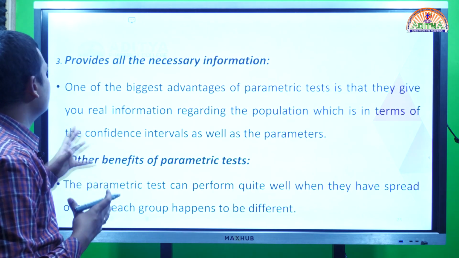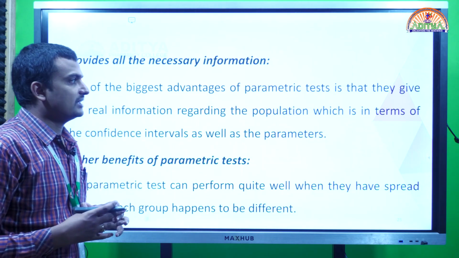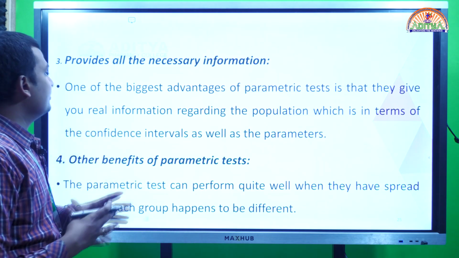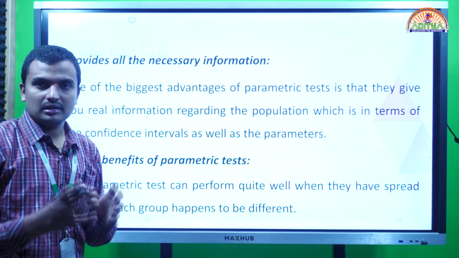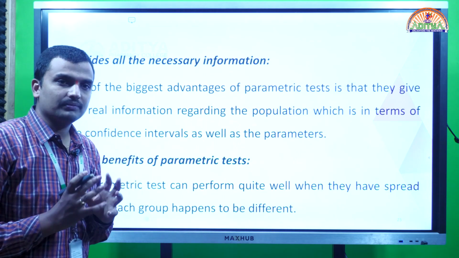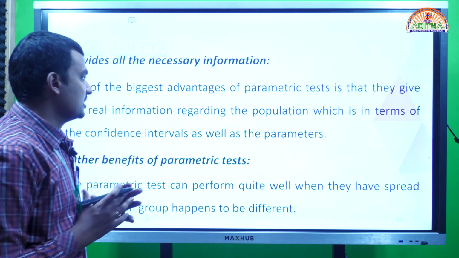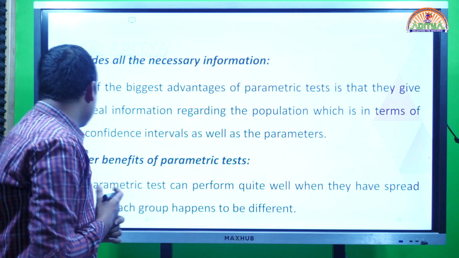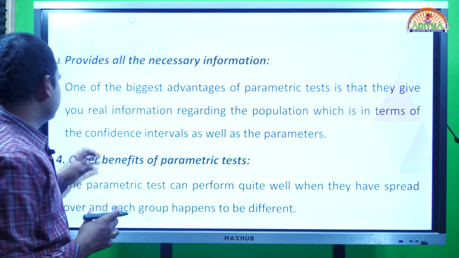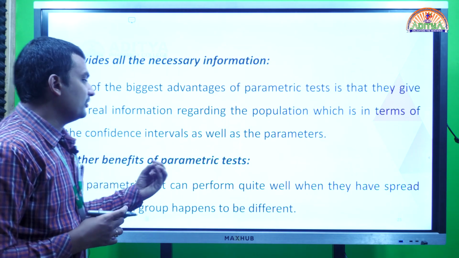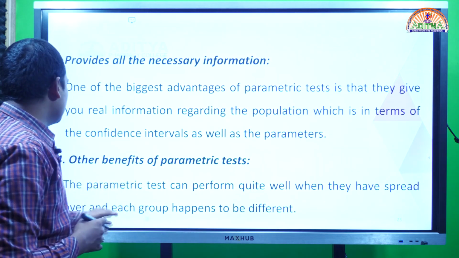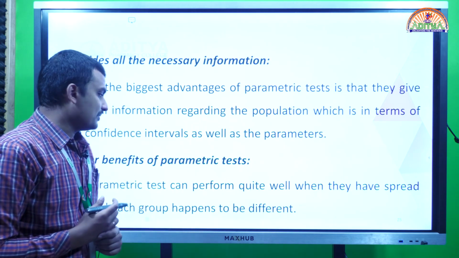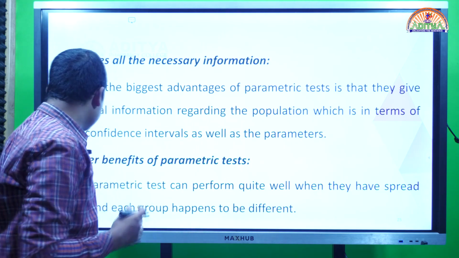One of the biggest advantages of the parametric test is that they give you real information regarding the population, or useful information regarding the population characteristics. And the other benefits include that parametric tests can perform quite well when the spread of each group happens to be different. Okay.